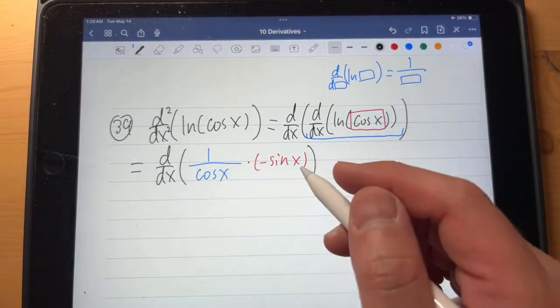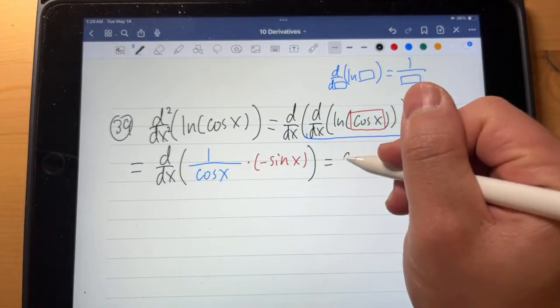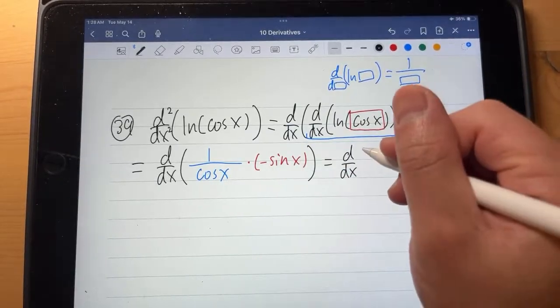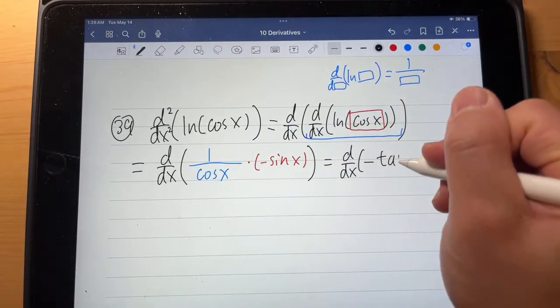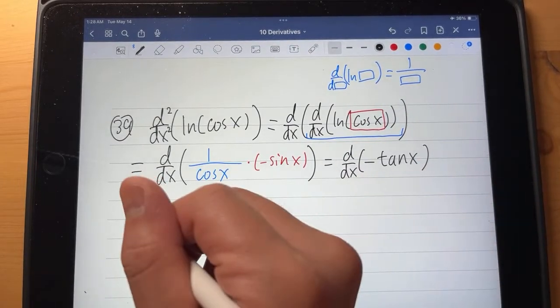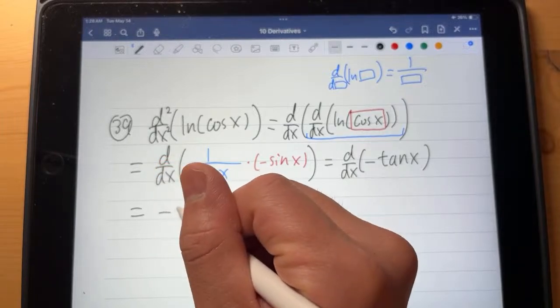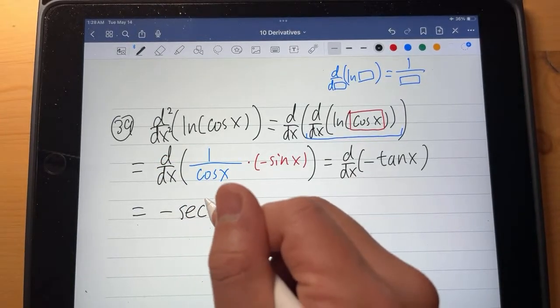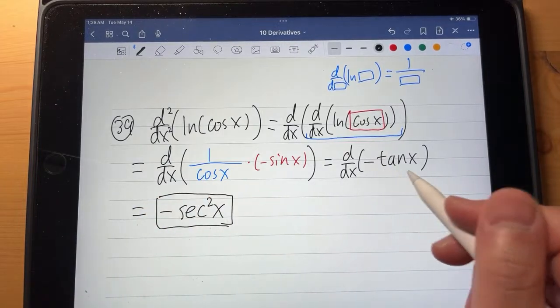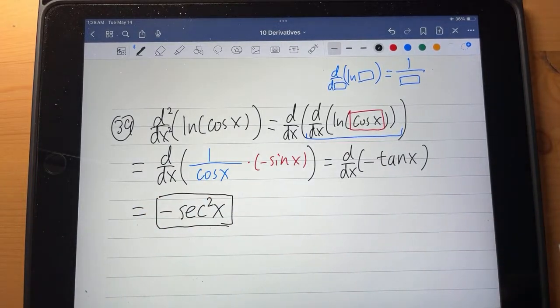So in fact, you just have to differentiate sine over cosine, which is tangent, and that's negative. So the derivative of negative tangent x is negative secant squared x.